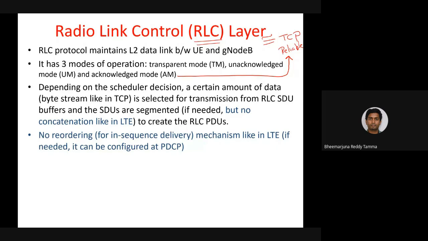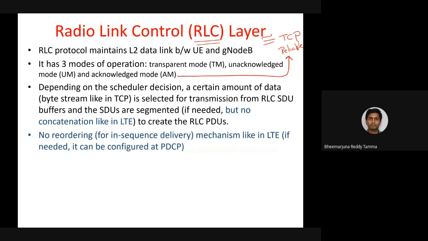And what happens is, when the data comes to the RLC layer from the PDCP layer, the RLC layer takes the packets coming from the PDCP layer and in turn gives the packets to the MAC layer.